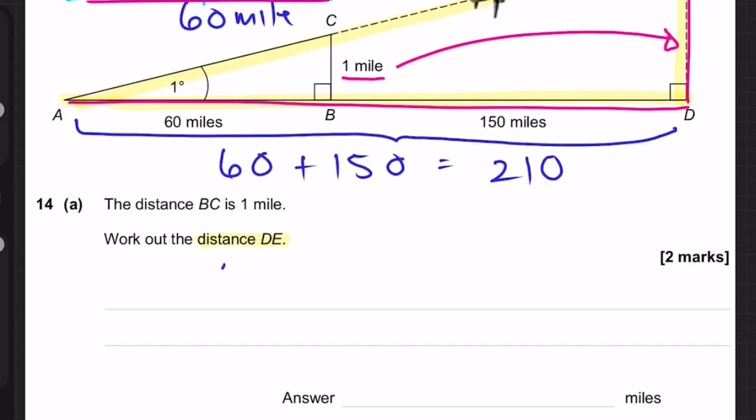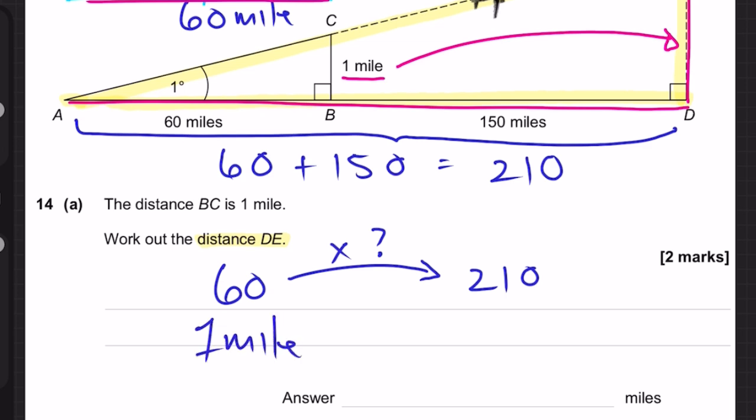So the small triangle has a base of 60, and this goes to 210. And this is the same scale factor that's times by something that we want to find out, because we have 1 mile, which would be times by the same thing that would give us DE. So if we can find this scale factor that 60 is multiplied by, we can use this to find DE.